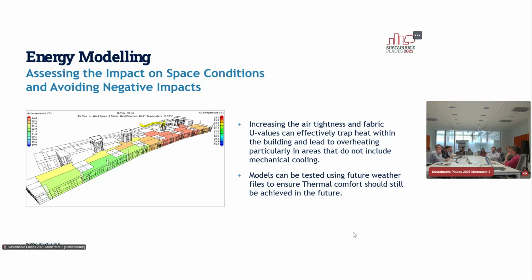That's something we do with simulations, not just for the present but also with future weather files. We're finding it is always more and more important to look at those calibrated models using the future weather to make sure the design is safe for the future as well.